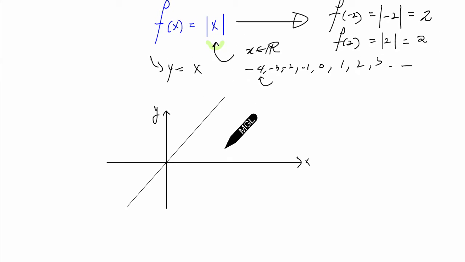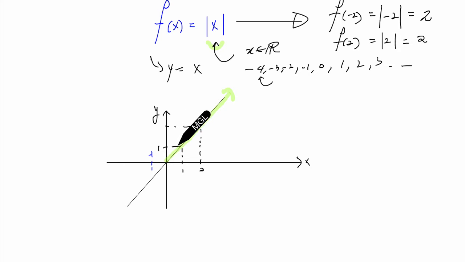So what that means is this. When you plug in 1, the absolute value function will leave it at 1. In fact, any positive numbers it will not touch, which means this part of the graph will not change. However, if you plug in -1, it will not be -1.